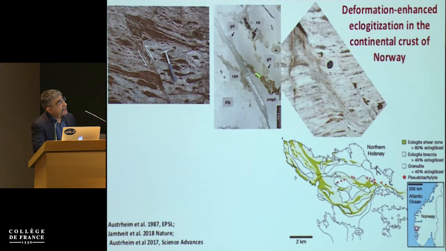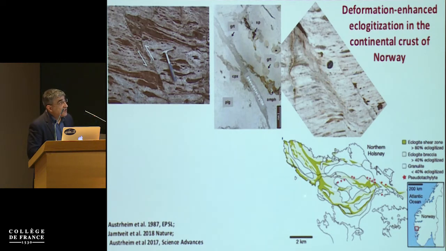The water enters, wets the rocks, and these ductile shear zones develop. These are well known since the late 80s from the work of Håkon Austrheim, and these are the ductile shear zones developing a hydrous eclogite-facies assemblage with amphibole, with epidote, with phengite, that indicates the flow of fluid and of channelized ductile deformation here, and this leads to formation of large-scale deformation zones which structure the downgoing continental crust during subduction.